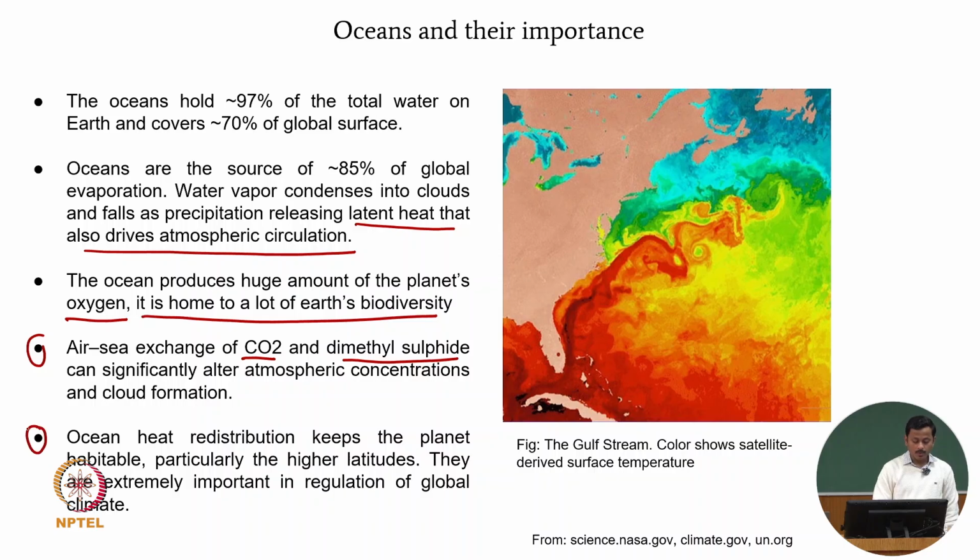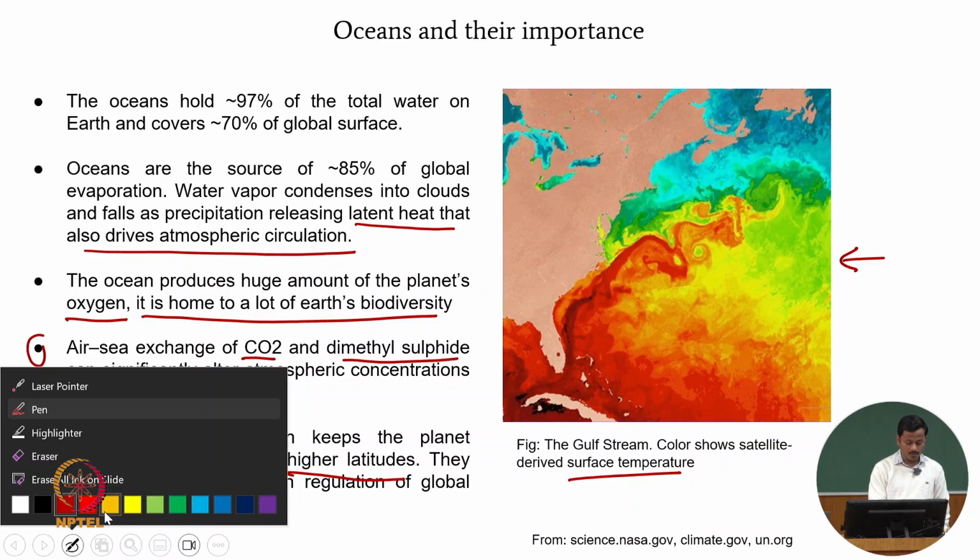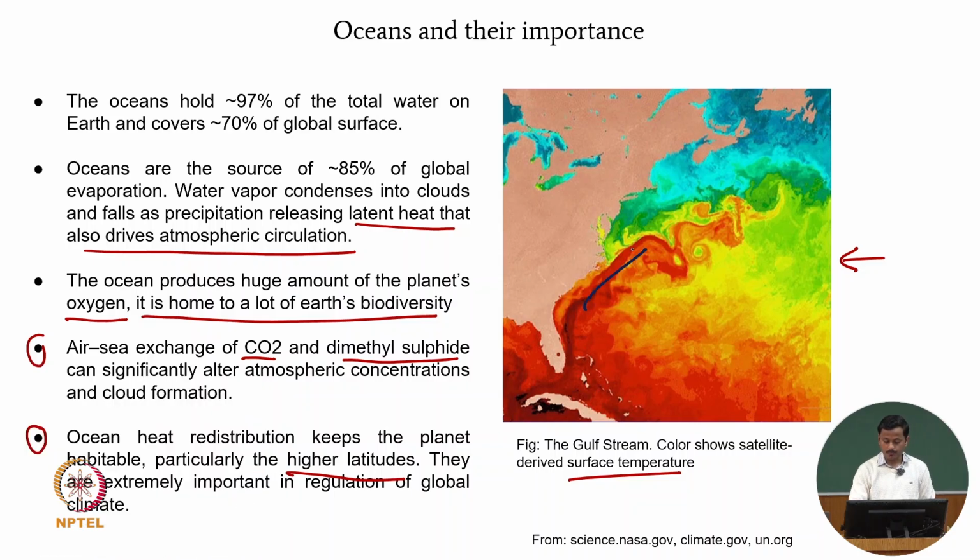The ocean is also redistributing the heat that it is gaining due to solar radiation, and this keeps the planet habitable, particularly at higher latitudes. So this is a satellite derived image of the temperature at the surface of the ocean, and this is the United States east coast, and this current that you see here is known as the Gulf Stream.